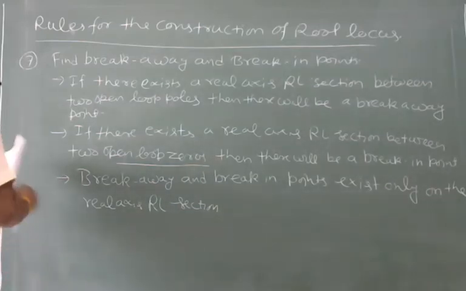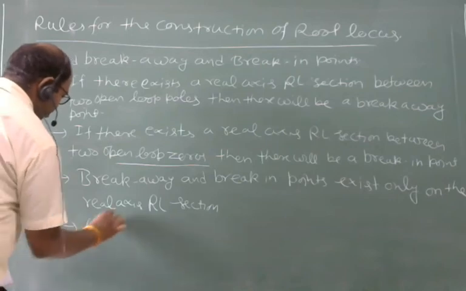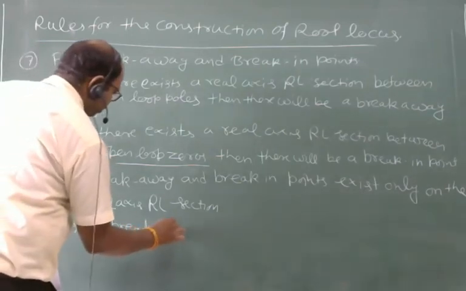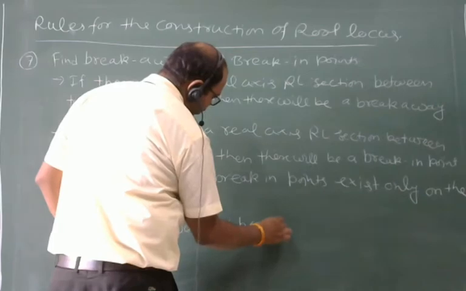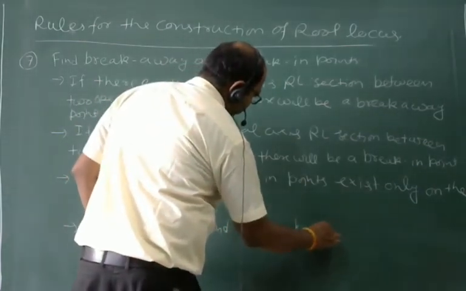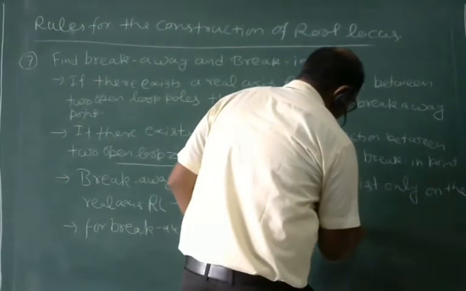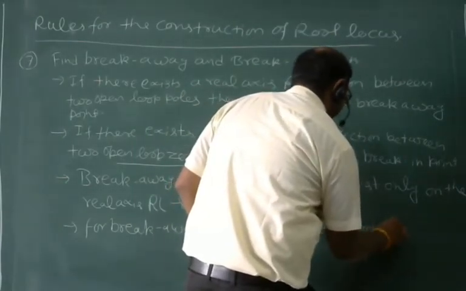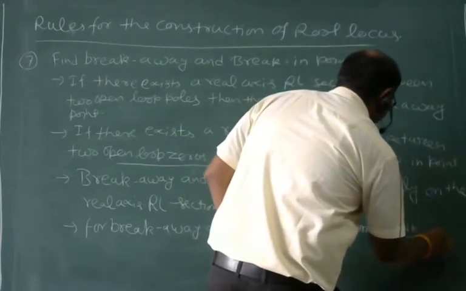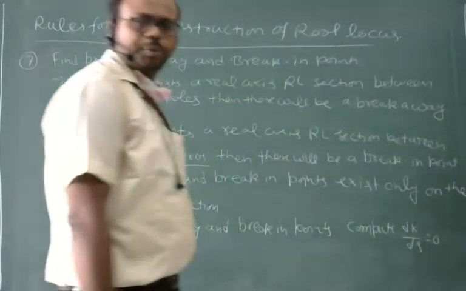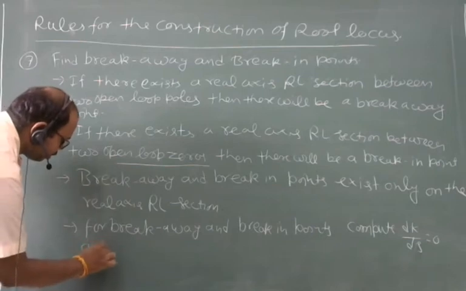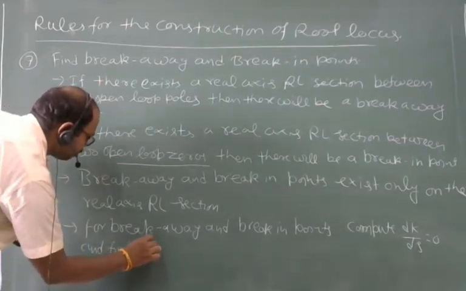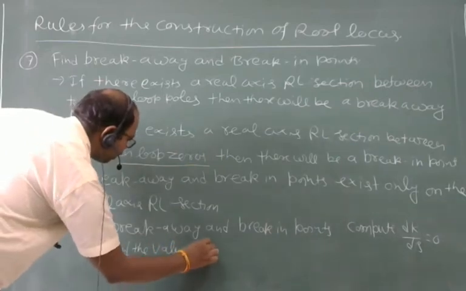For a breakaway or break-in point, compute dk by ds is equal to 0 and find the value of s.